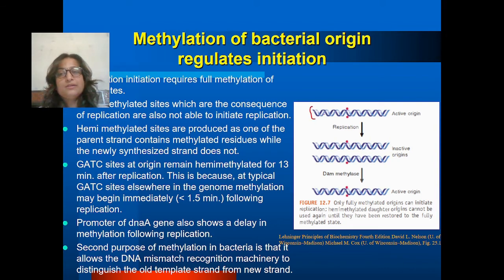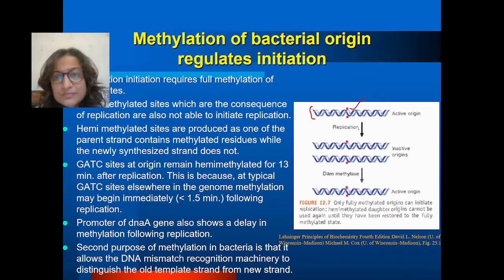The blue DNA is the parent DNA, whereas the red dot indicates the methylated strand. In this figure, both the strands are methylated. Until and unless both the strands are methylated, replication will not initiate. But once both the strands are methylated, replication starts.